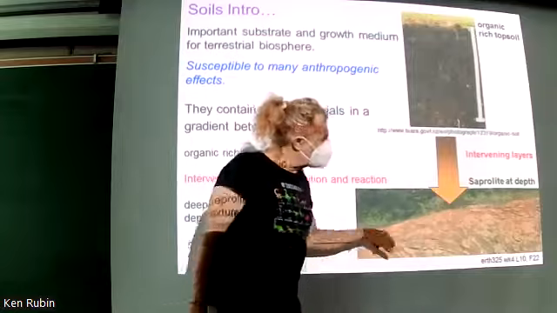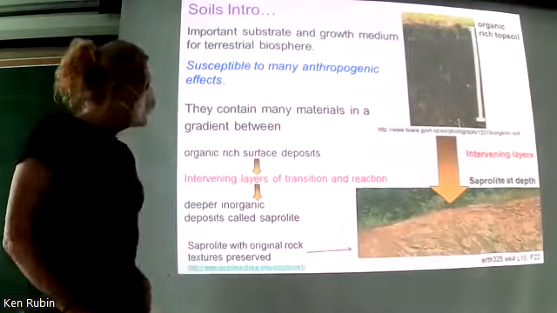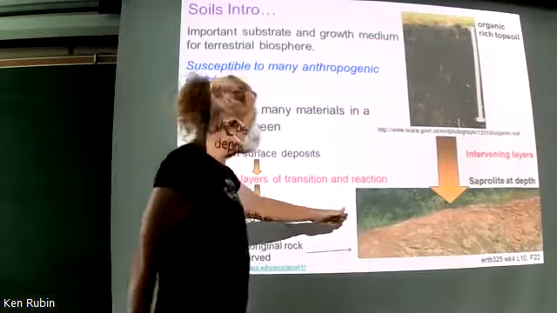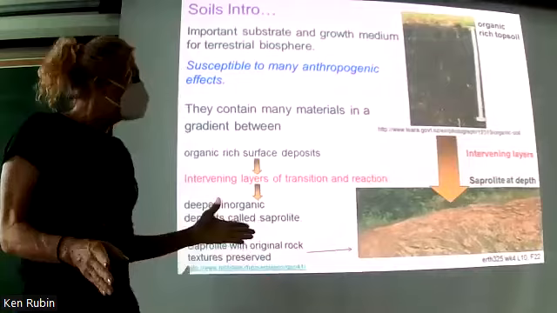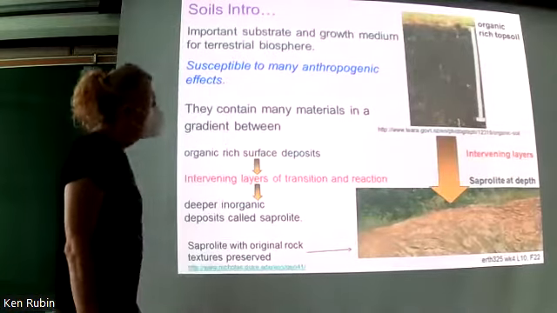In this case, you can actually see some structure to it, which is probably related to the old rock. This happens to be a zone where a saprolite layer is exposed at the surface because the rest of the soil has been eroded away. And so it happens to just be occurring here in a road cut that is visible.